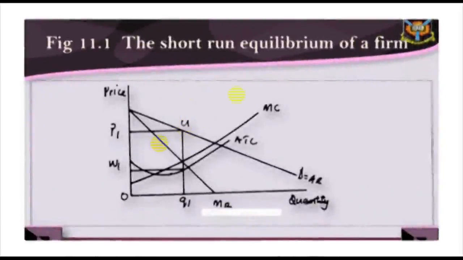The short-run equilibrium of the firm is exactly the same as that of a monopolist. The firm is not a passive price taker. It may juggle price and quantity until profits are maximized. This occurs at output QT and price PT in figure 11.1.